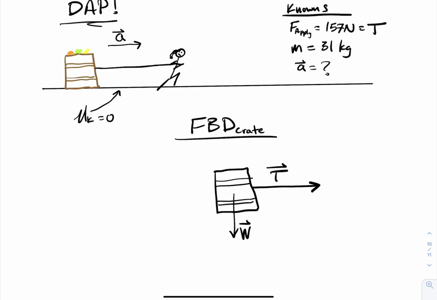And so, of course, that surface is interacting with the surface of the crate in the form of a normal force. So we could say there's a normal force on the crate, and it opposes the weight force, keeping the crate from going into the earth. That may seem simple, but it's true, and we have to account for it.